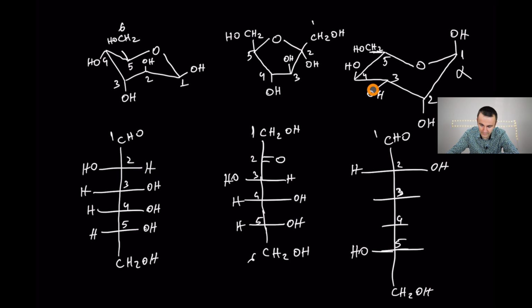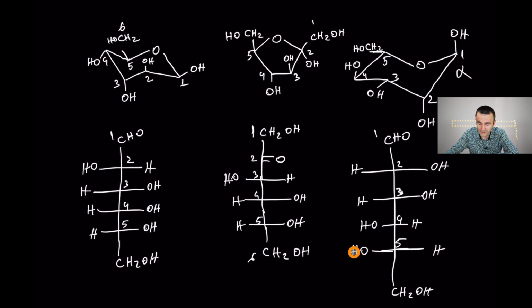For the third is down, and hydrogen, and for fourth is up, and because this is down means that this is an L sugar, and this has to be on the left side, right? Okay, a lot of confusion.